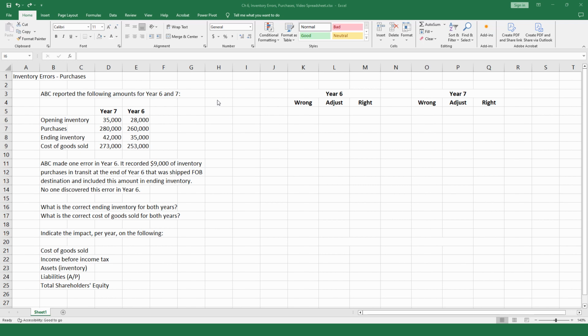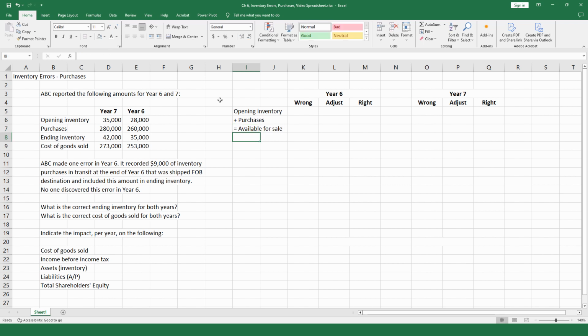So I'm going to start with opening inventory. I'm going to add in my purchases. Now, if I take opening inventory and I add in my purchases, this is going to equal the available for sale.